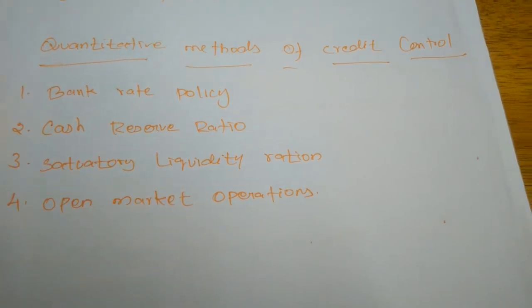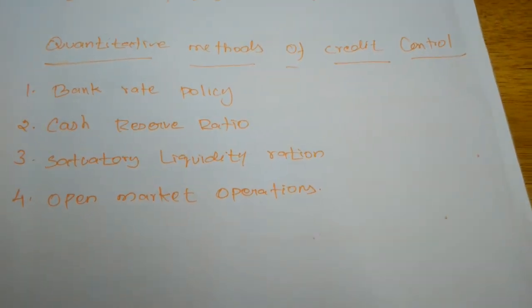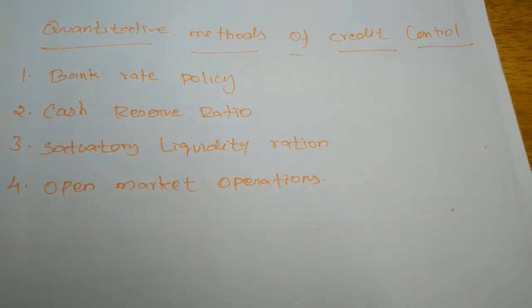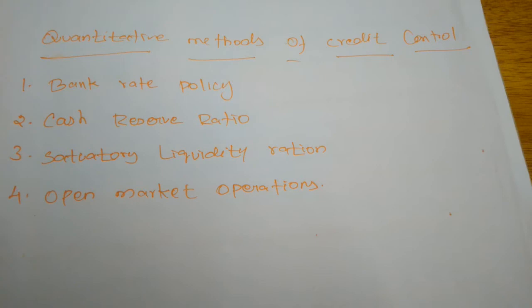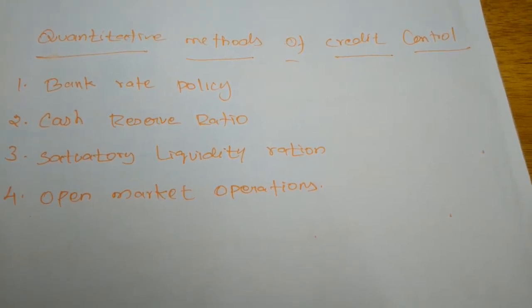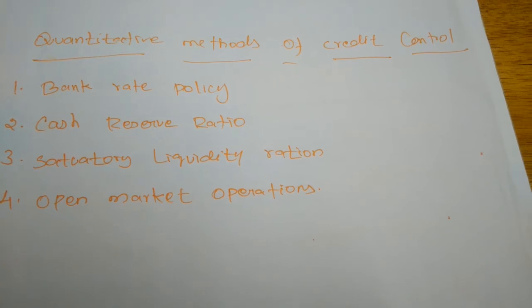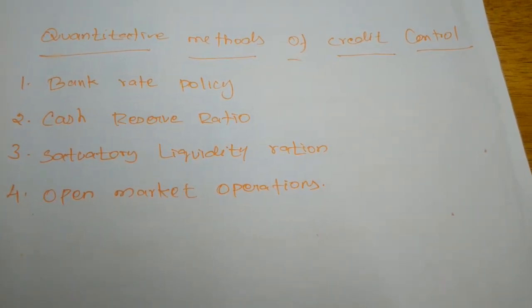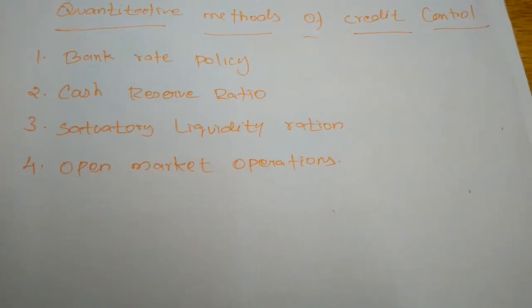Normally the commercial banks will be lending loans to individuals at some rate of interest. But if the Reserve Bank of India wants to reduce the rate of interest or the amount of credit, it will increase the bank rate. Next, the cash reserve ratio.